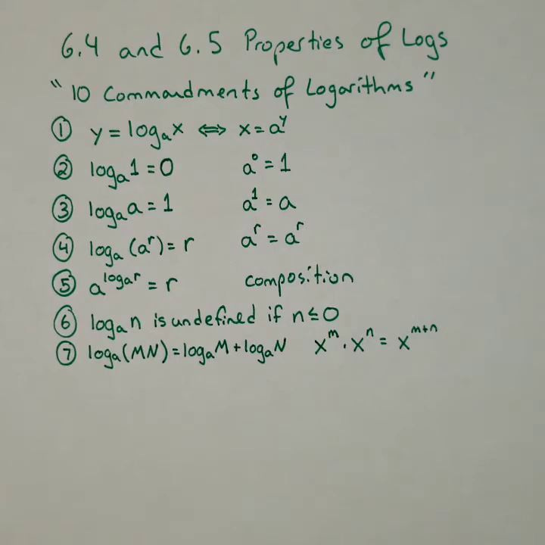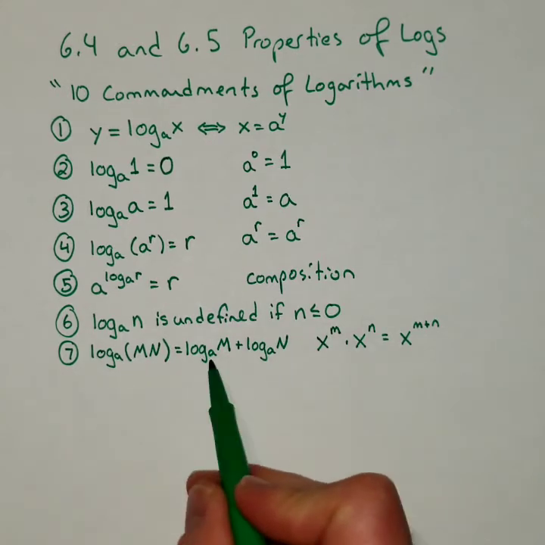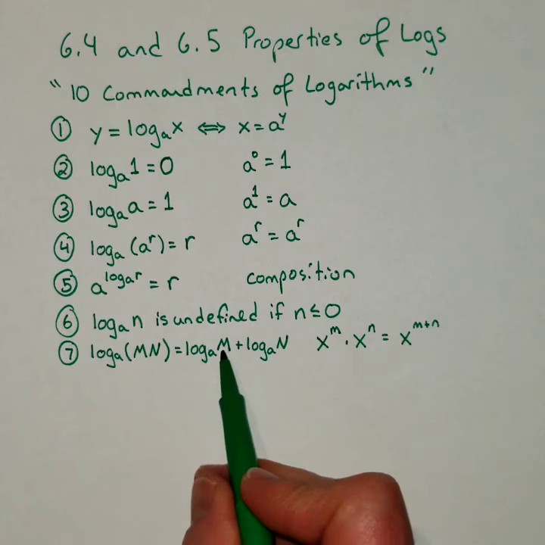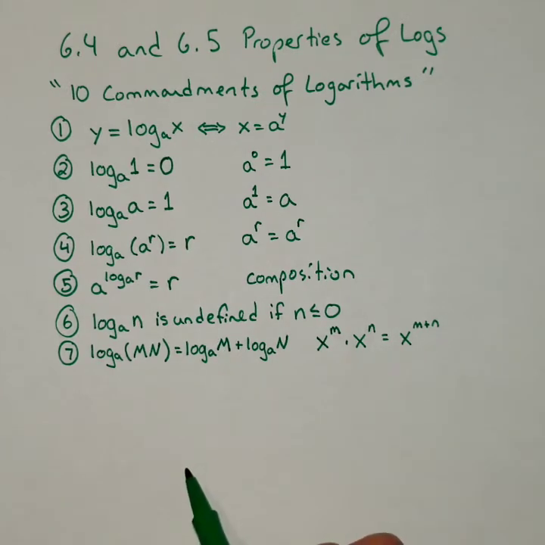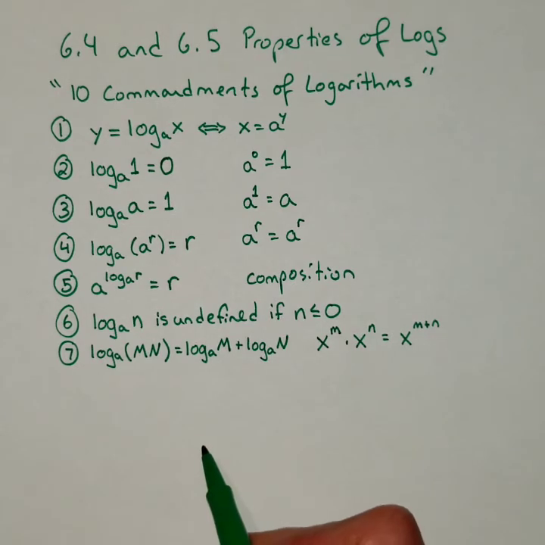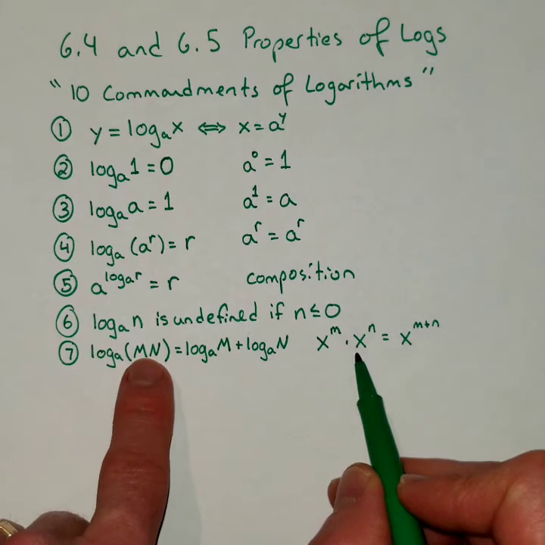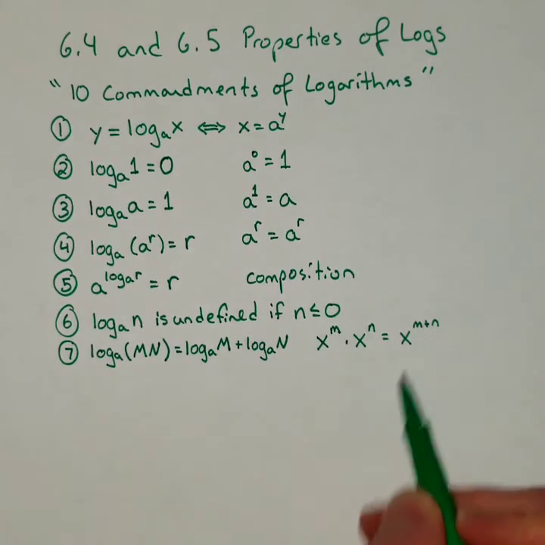Alright, so if you have a product on the inside of a logarithm, then you can essentially split that logarithm into two, the sum of which is the sum of the first one and the second one. Okay, first and second factors. And again, it's similar in this sense that you're taking a product and turning it into a sum. Like here you have a product to a sum.